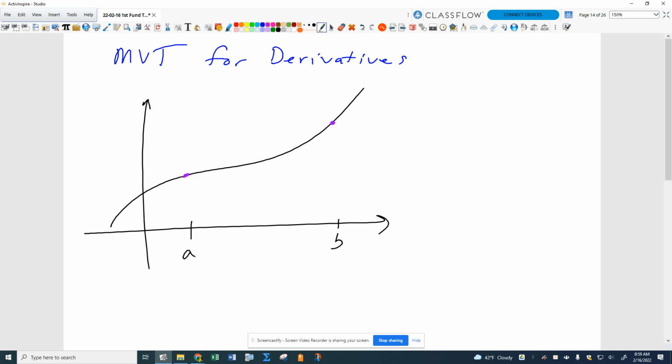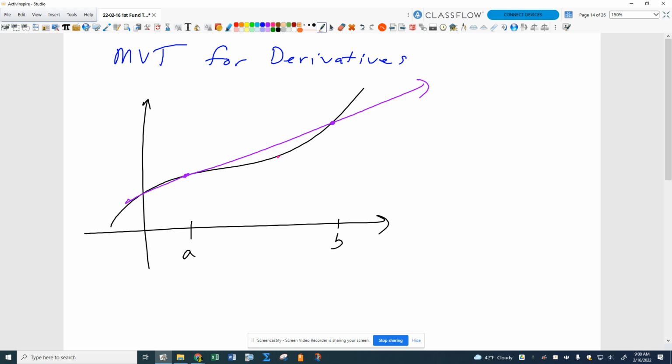This said that there has to be at least one place on the open interval from a to b, so between a and b, where the slope of the function equals the slope of the secant connecting the endpoints, right? So where the instantaneous rate of change equals the average rate of change. That makes sense? Okay, we know there's got to be at least one place where that happens.